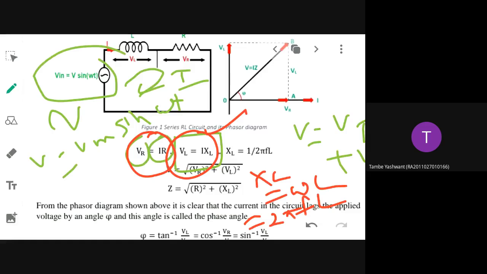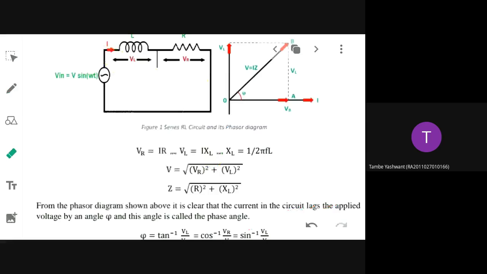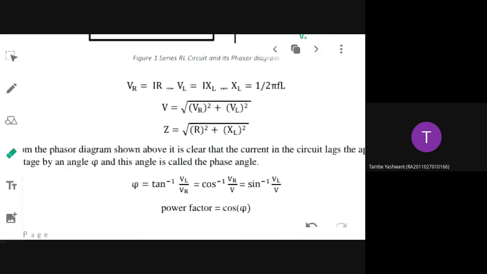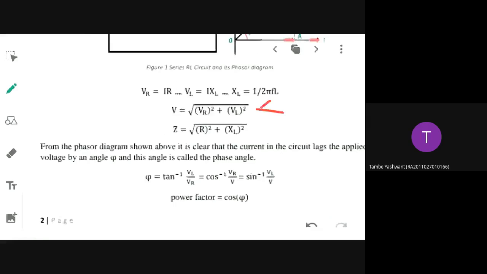Now comes how to determine the total voltage. Total voltage is the phasor sum of VR and VL. So what is the equation for my total voltage? There is a vector sum that is given.